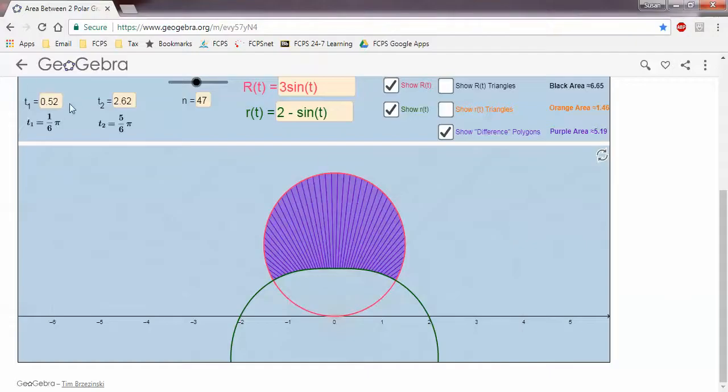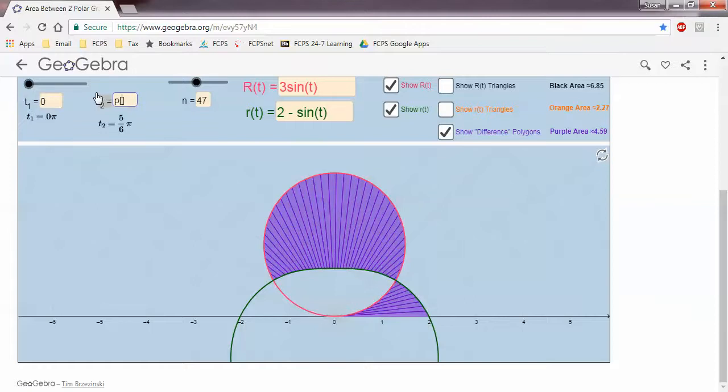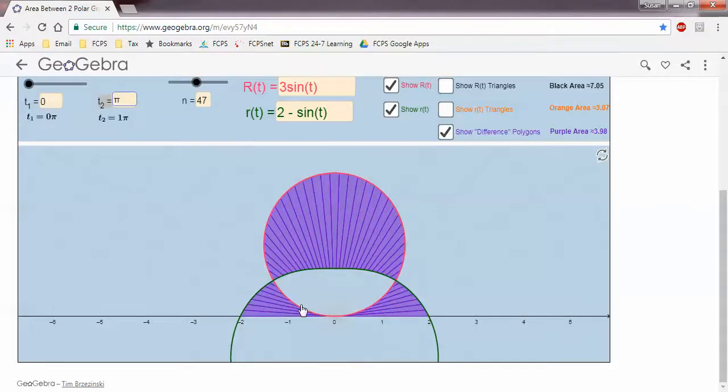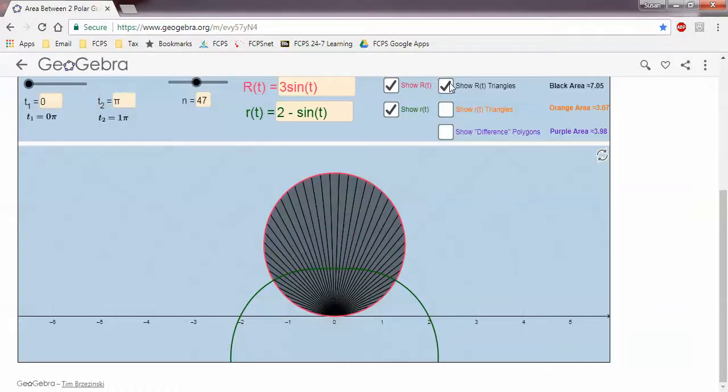Well, if I go from 0 to pi, that's how much area you get. You get too much of this cardioid, I think. You get the full circle too, because remember, circles end their period at pi.